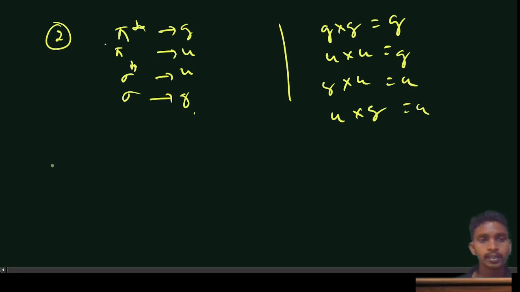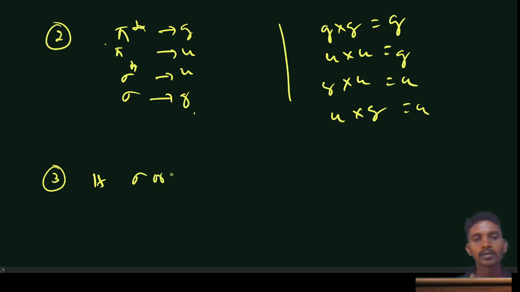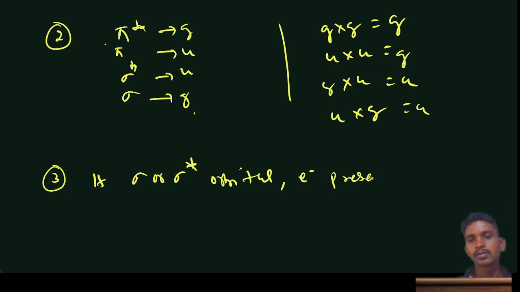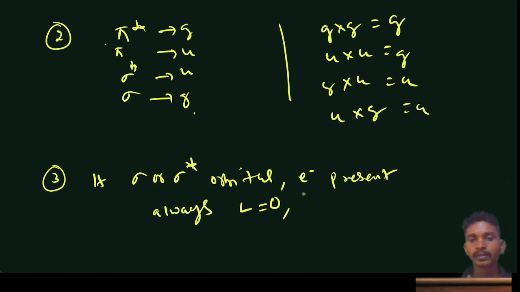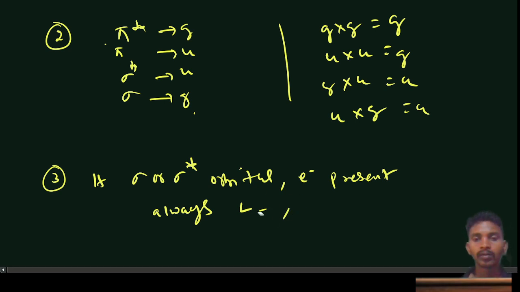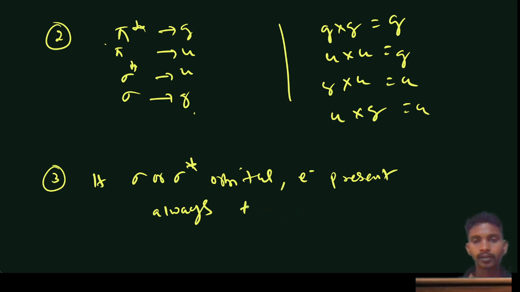And the third thing is that if electrons are present in sigma or sigma star orbitals, then always L equals 0, and always positive will come.